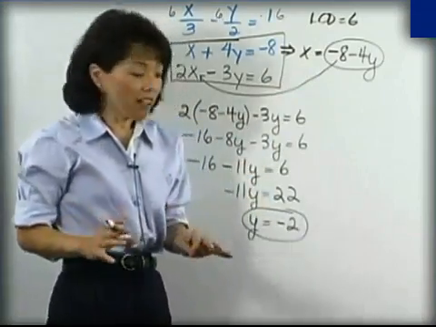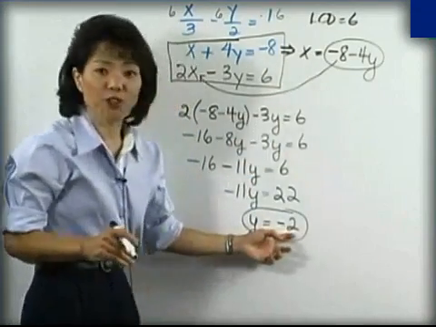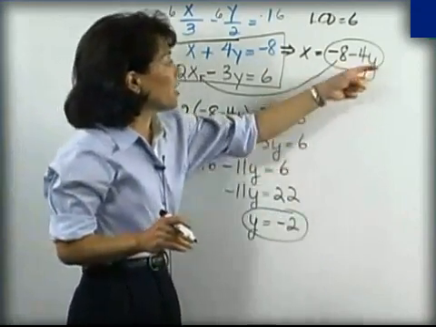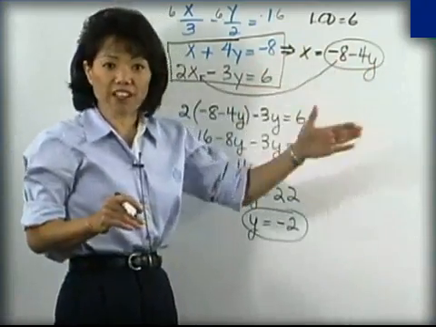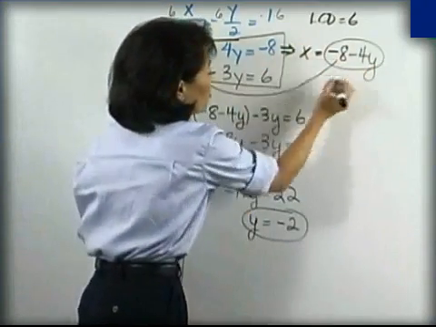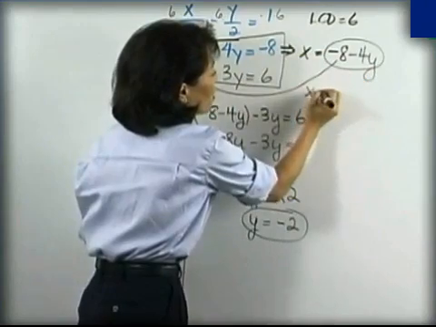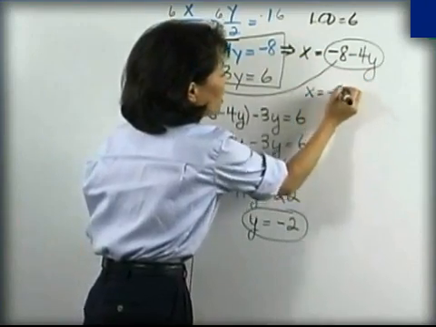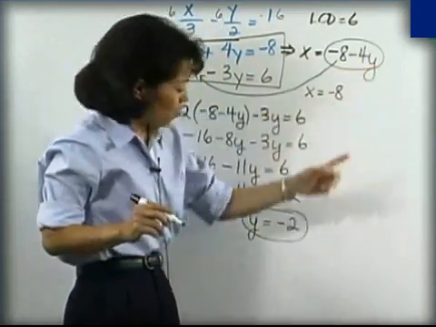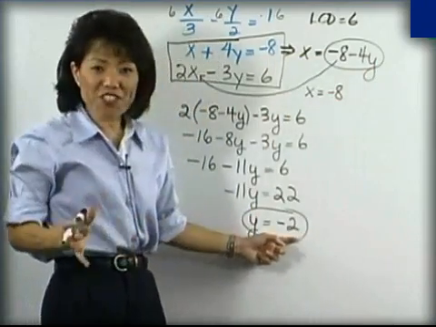So to find the value of x, we take the found value of y and substitute it into this equation, which will give us the value for x. So using this equation, we have x equals negative 8. We just found the fact that y is equal to negative 2.